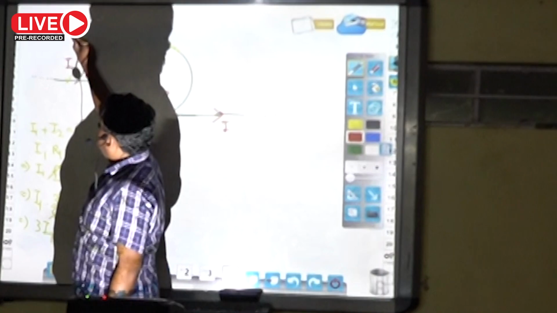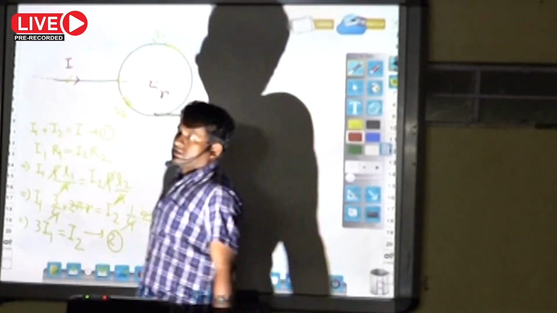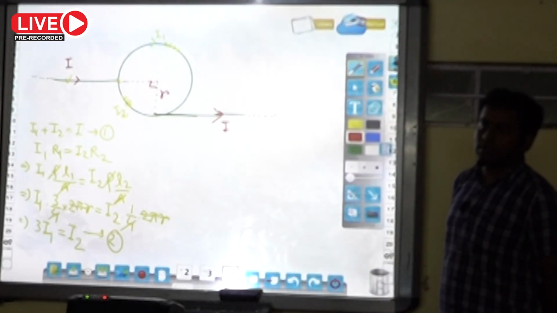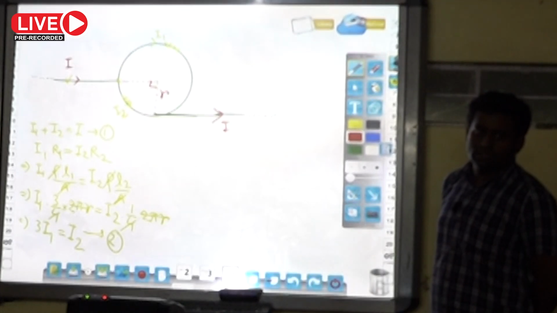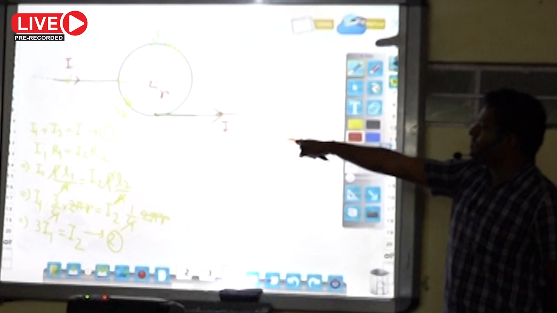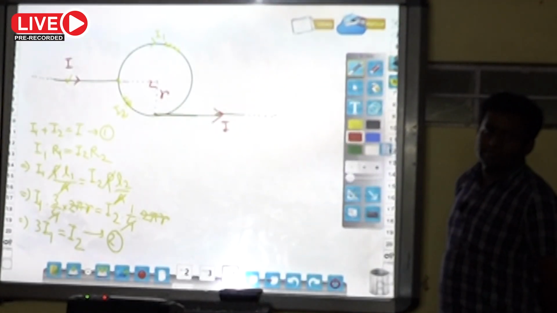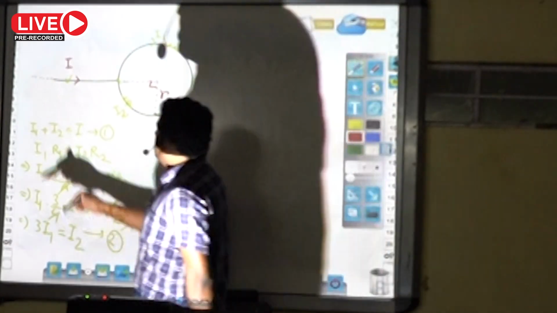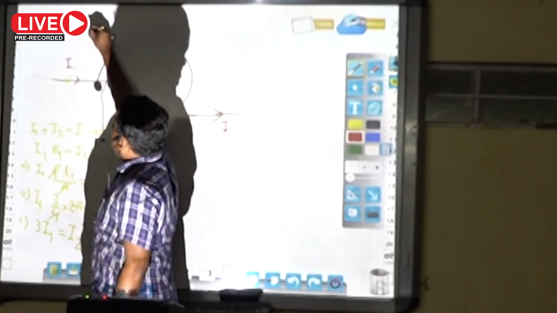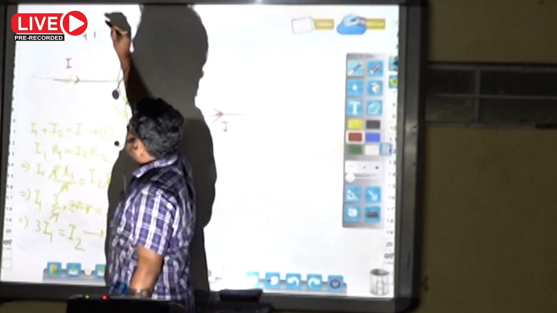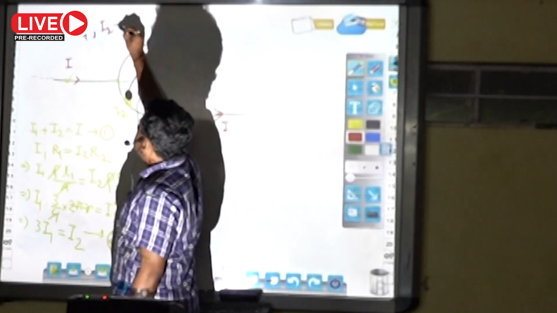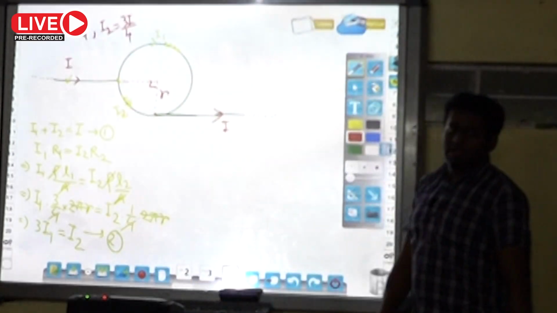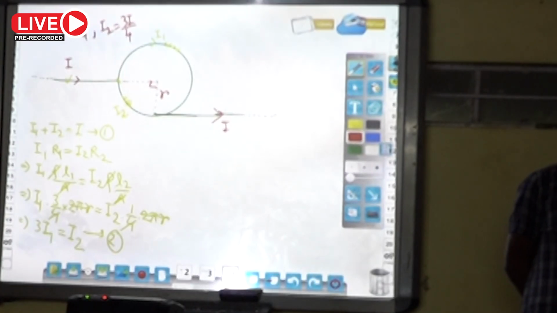Just substitute I2 equal to 3 I1 in the first equation, so it will be 4 I1 equal to I. So I1 equal to I by 4, and similarly I2 will be 3I by 4.